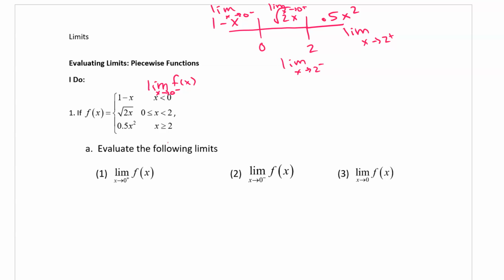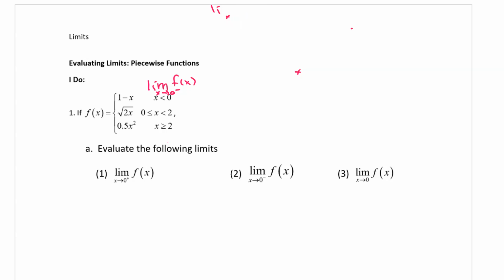So you can think about it as the less than pointing towards the left and telling you the left-hand limit, you're using that piece, or you can think about it as a number line, or however you want to think about it is fine. But those are two strategies. All right, so let's get this out of here and talk limits.